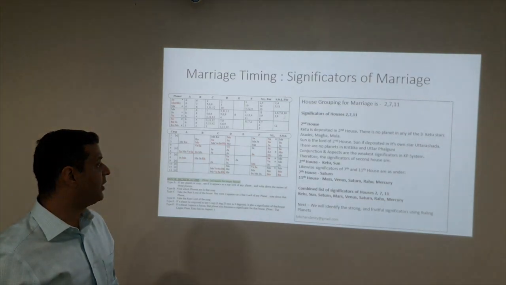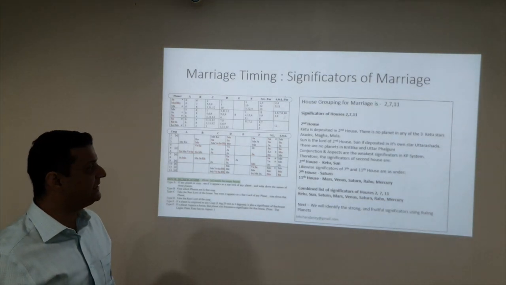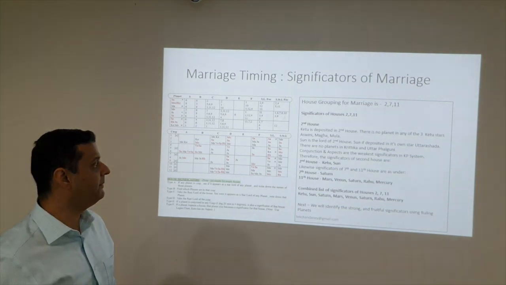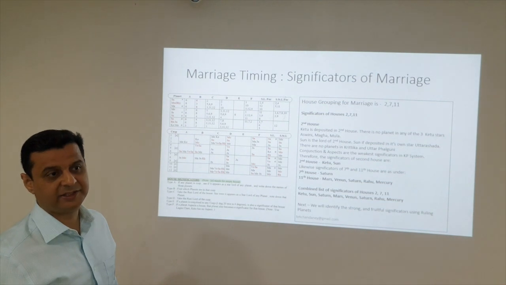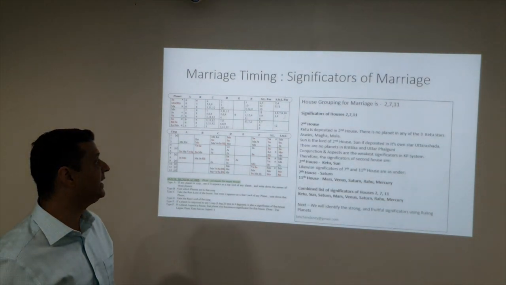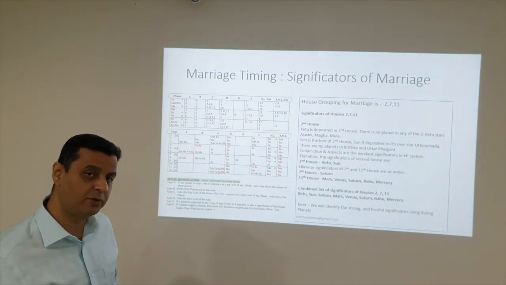So the next important thing is to identify the significators. What do we mean by significators? Well, KP clearly indicates what the significators are, and it also indicates which significator takes prominence over the other.